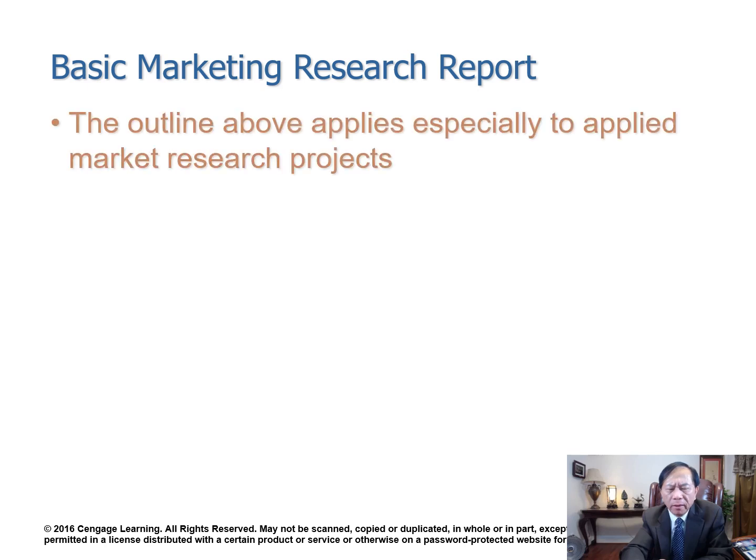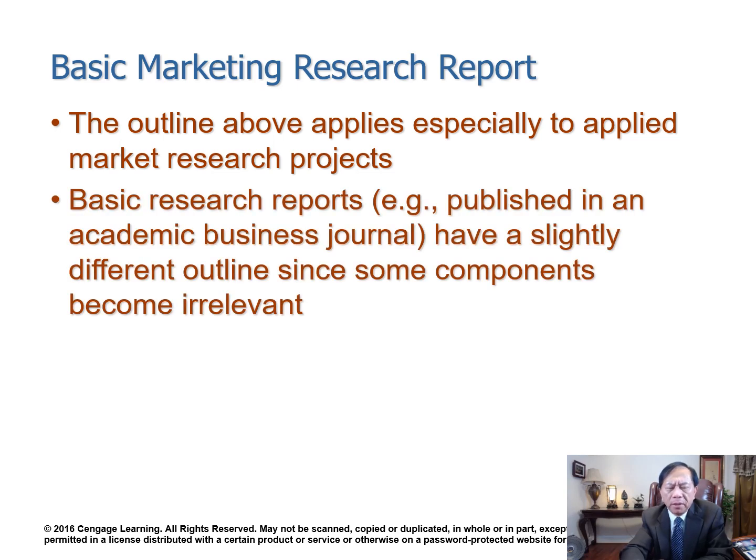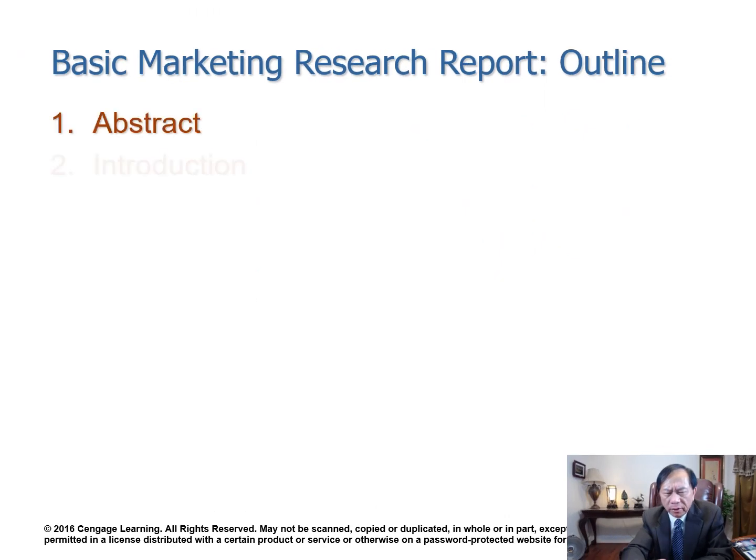Okay. For a basic marketing research report, the outline above applies, especially to applied marketing research projects. A basic report that's published in an academic business journal has a slightly different outline, since some components become irrelevant. Normally we have an abstract. Okay, it's not an exact summary; it's an abstract.